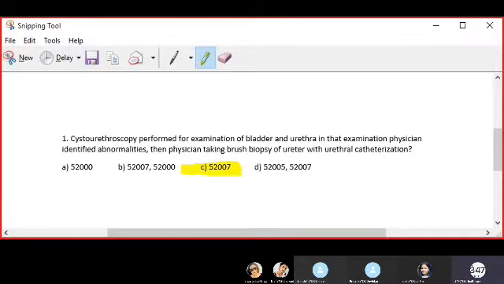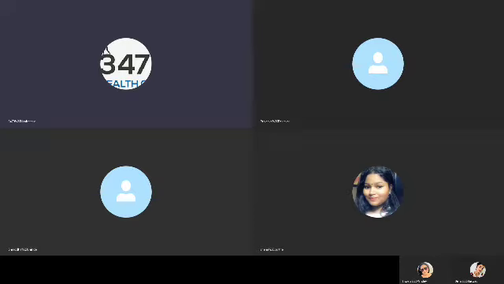Then next, cystourethroscopy with fulguration of bladder tumors. A 3 centimeter one, a 4 centimeter one, and a 7 centimeter one. What is the answer?